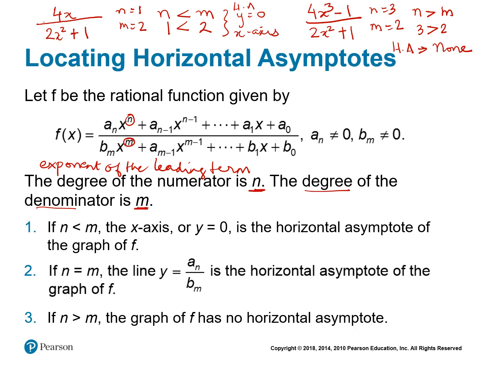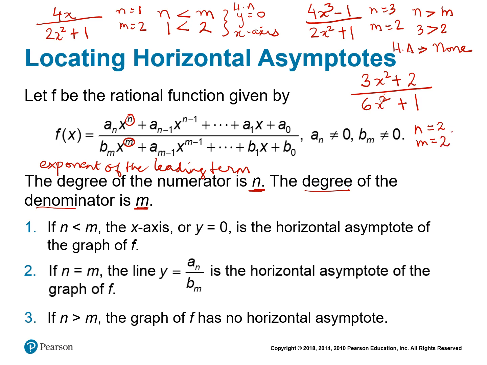And then finally, let's come up with another example where we have 3x squared plus 2 over 6x squared plus 1. All right. What happens here? n equals 2. m also, in the denominator, the leading exponent is also 2.